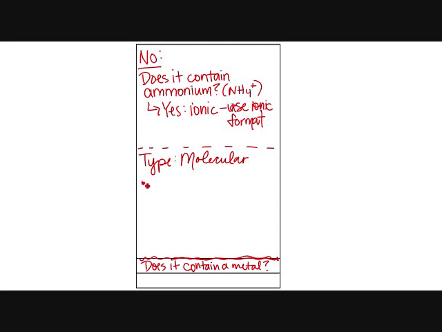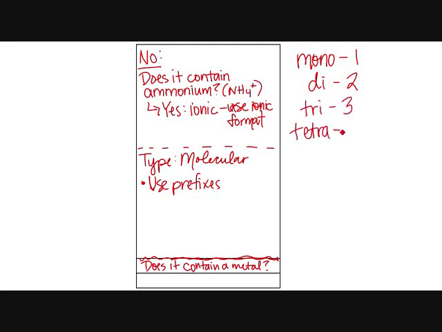When you use molecular, then you need to use the prefixes. I don't have very much space on here, I'm just trying to do my best, but you can write all the prefixes in. So mono is 1, di is 2, tri is 3, tetra for 4.